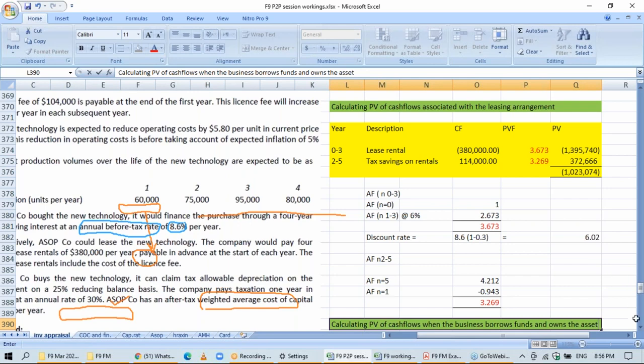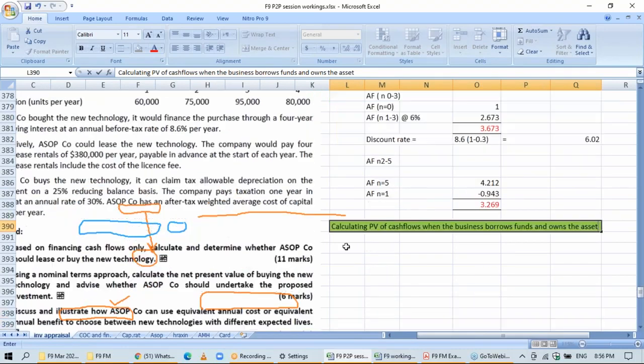So the business acquires the ownership. What happens in that case? So in that case, let's make a cash flow first.